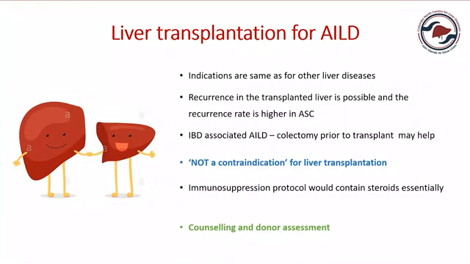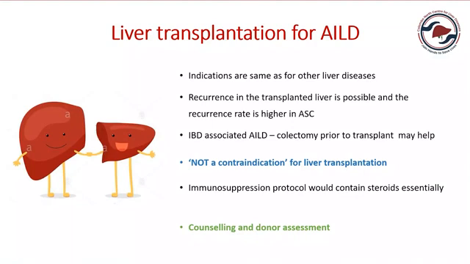All these things come into play when we decide on liver transplantation and the timing. The interesting feature is that recurrence of the disease is possible in autoimmune liver disease compared to other disorders. The recurrence rate is quite higher in autoimmune sclerosing cholangitis compared to autoimmune hepatitis, and may be up to 30%.